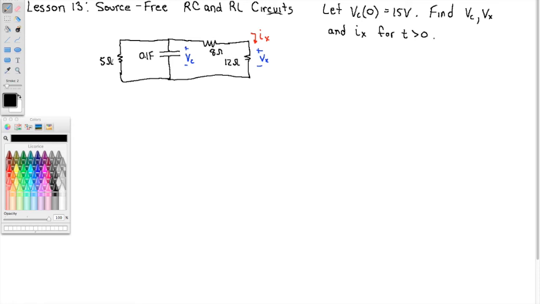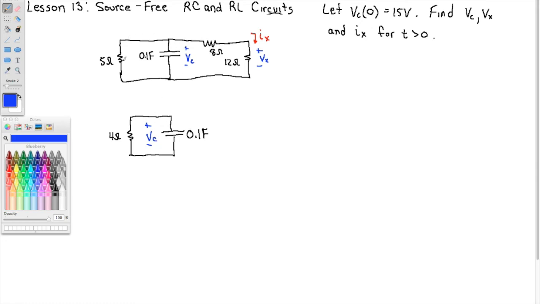And that combination is in parallel with the 5 ohm. So that combination makes 4. So we have a 4 ohm resistor and the 0.1 farad capacitor. And this is still Vc.